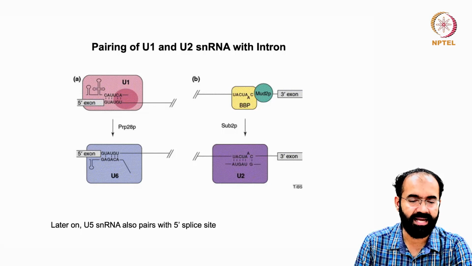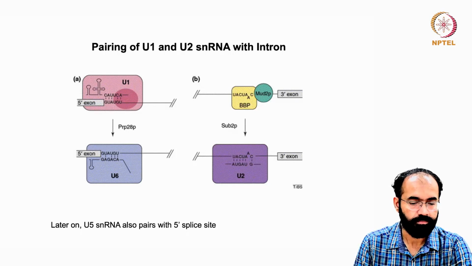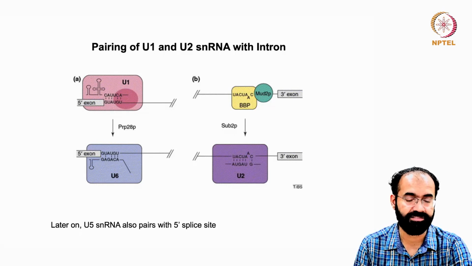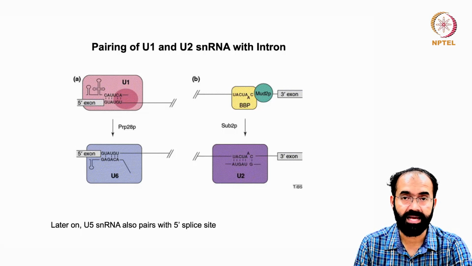So U1 snRNA is paired to the exon-intron boundary, and this will eventually be occupied by U6 at a later stage, once U1 leaves the complex. At the branch point, the U2 snRNA joins, with the help of a protein, SF3b (sub 2p).